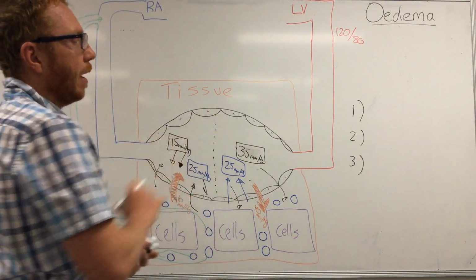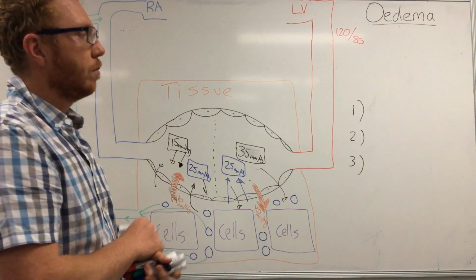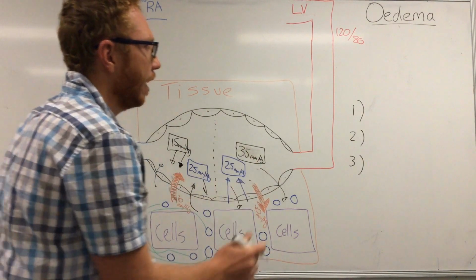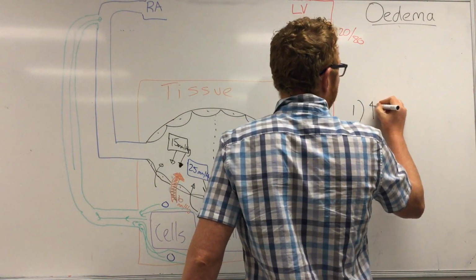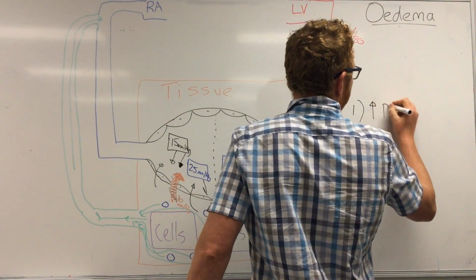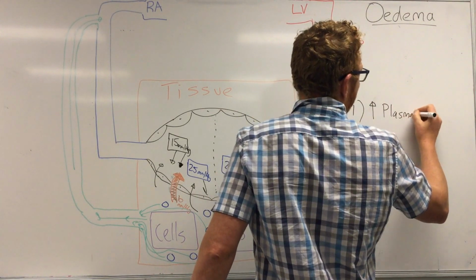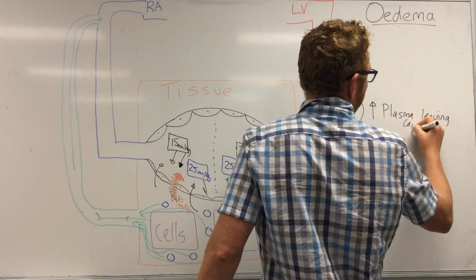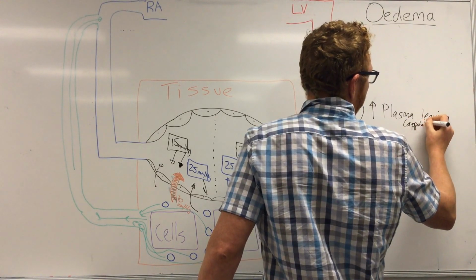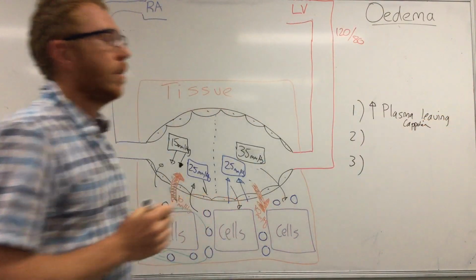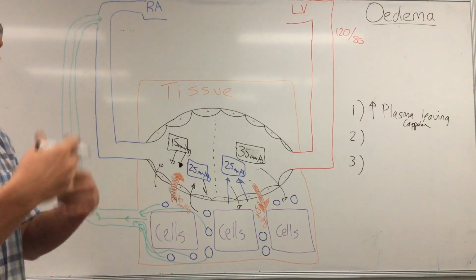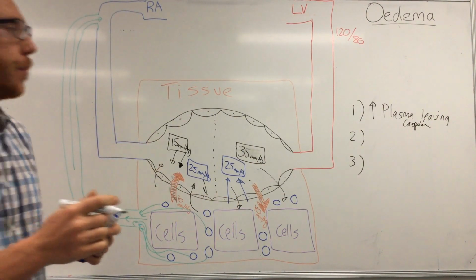So the three mechanisms that you will get edema is either too much fluid is leaving, so increased plasma leaving the capillary. Okay, so that's excessive plasma leaving the capillary.